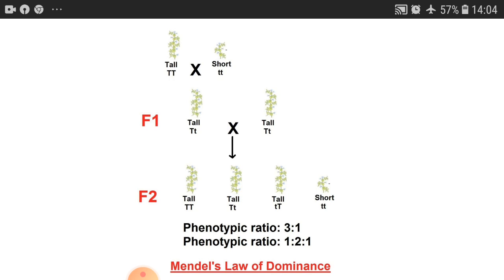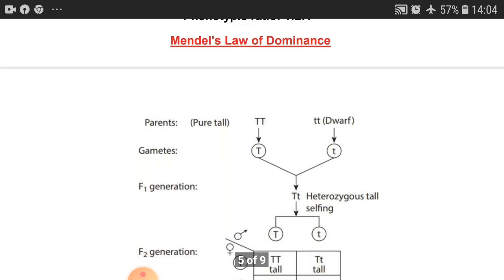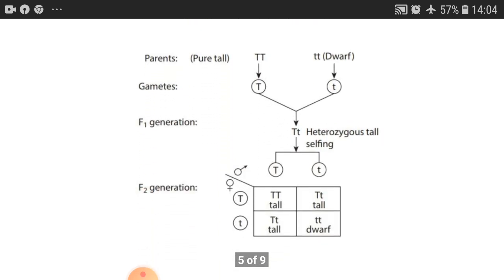So now we'll take this example in another way and I'll show you here how we represent it. We'll take the example of this hybridization experiment carried out by Mendel between tall and dwarf pea plants to study inheritance of one gene, that is the height.